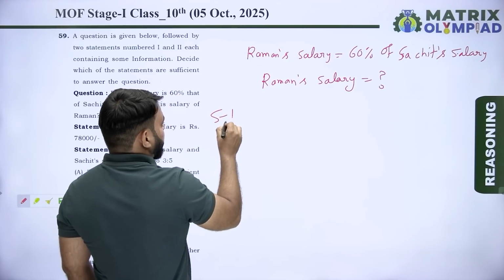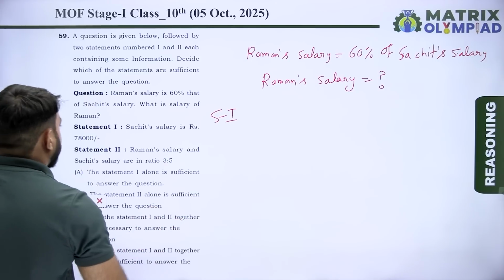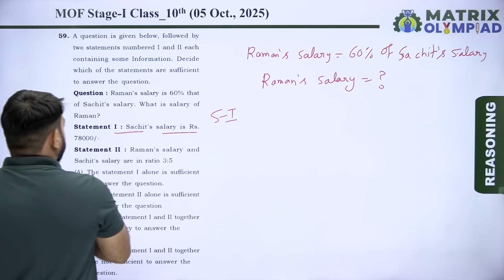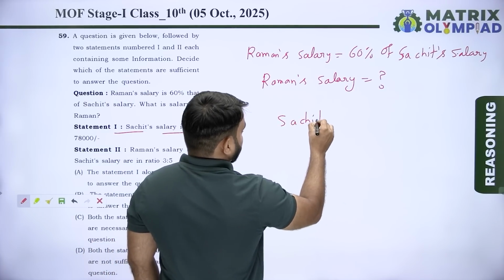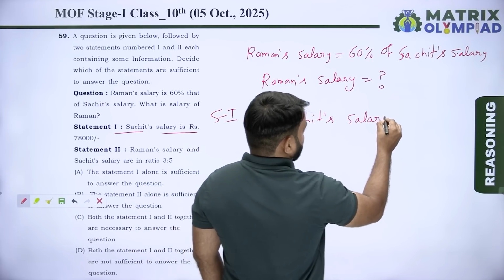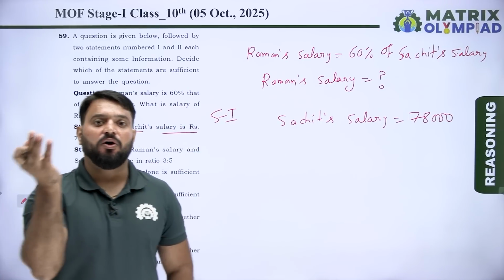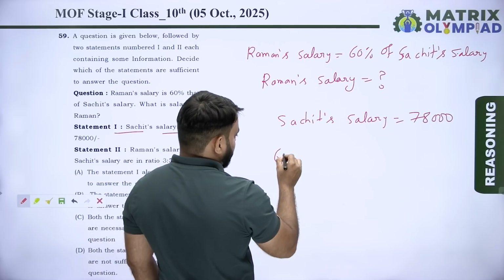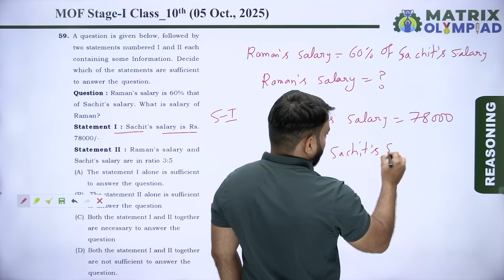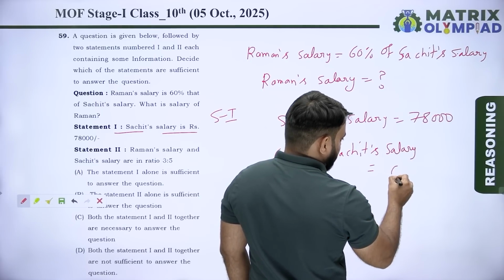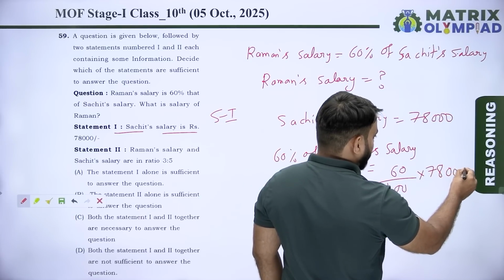So now we have two statements for this question. First, taking both statements separately. According to statement first, Sachit's salary is 78,000. Now find the 60% of Sachit's salary. So 60% of Sachit's salary is equal to 60 divided by 100 into 78,000.